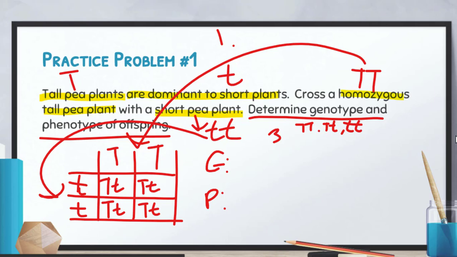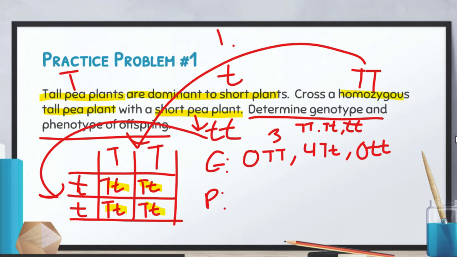We'll take a look at that box there, and how many of those are homozygous dominant? Well, you would say that there are 0. There are 0 that are big T, big T. How many of them will be heterozygous, meaning that they have 1 of each allele? Well, that's 1, that's 1, that's 1, and that's 1. So then I would say that there are 4 that are big T, little t. And as you can already take a look and figure out, there are 0 that are little t, little t.